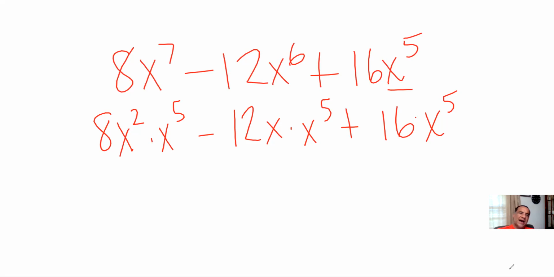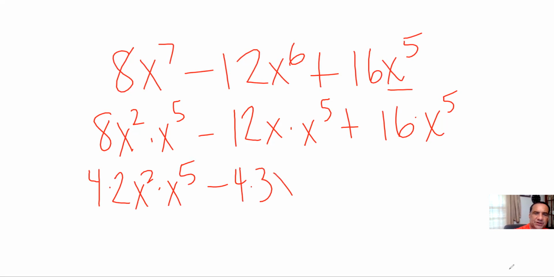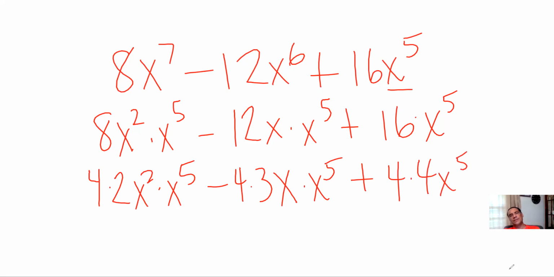Now they also have a 4 in common, and I'm just going to write everything factored. And yes, it's going to take steps until you understand what's going on. And once again, just one of those topics we neglect a lot. You can rewrite the 8 as 4 times 2, the 12 as 4 times 3, and the 16 as 4 times 4.